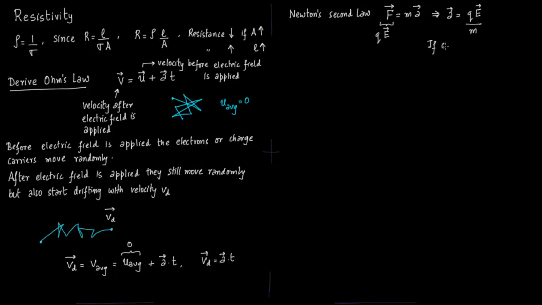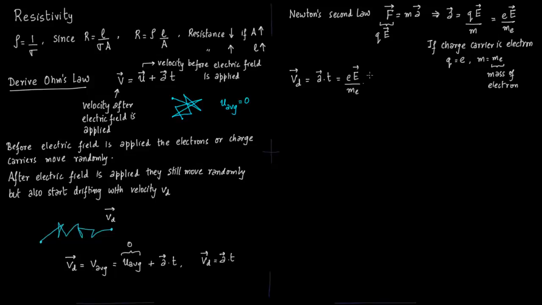So acceleration becomes Q E vector over M. Now if the charge carrier is an electron, then Q is just the basic charge e and M is the mass of electron, m subscript e. So this acceleration becomes e E over m_e, where E vector is the electric field. So Vd vector becomes A vector dot T. So this becomes small e capital E divided by mass of electron times the time.